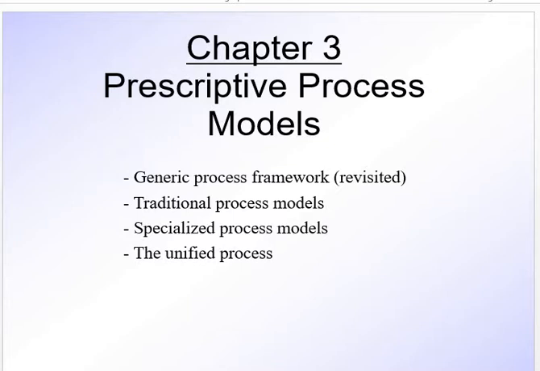We have seen the generic process framework. We have seen the layered technology in chapter number two, software processes. Then we have seen the immature software processes and the immature software organization.